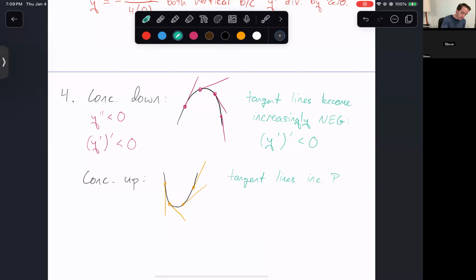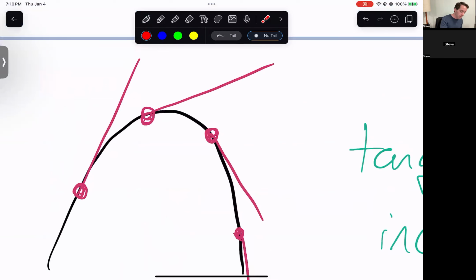All of these ones, if we were to continue drawing them on both sides, they would have the curve underneath and the line on top. Okay, well, that means that a concave down function is precisely the sort of thing for which a tangent line provides an overestimate.